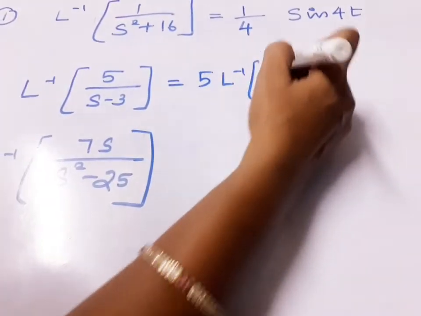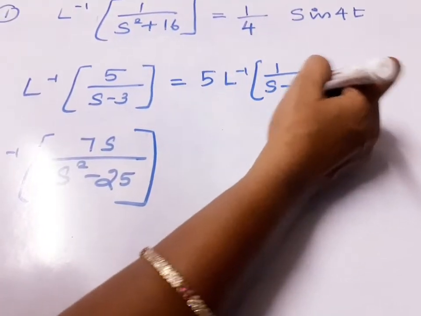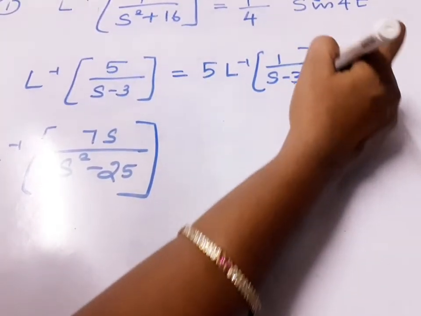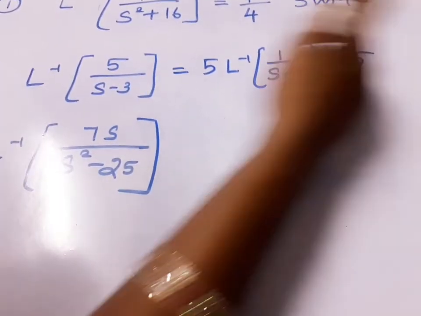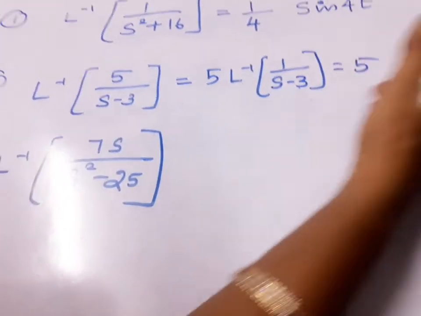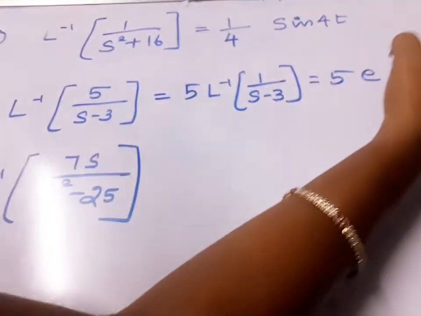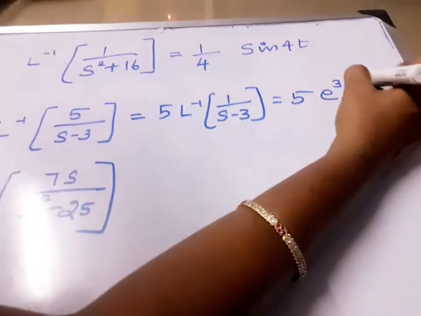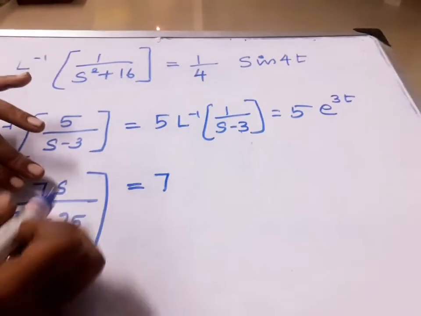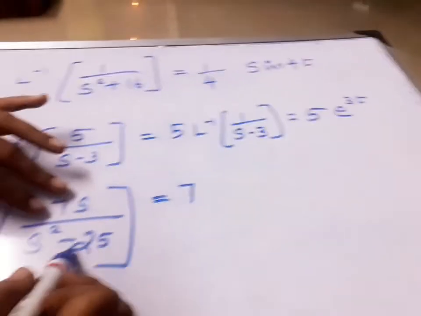Here L inverse of 1 by s minus a, this is the shifting property. So you know L inverse of 1 by s minus a is e power at. So here a is 3, so e power 3t. Here also we can take 7 outside. L inverse of s by s square minus a square.